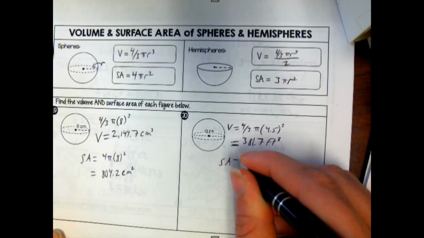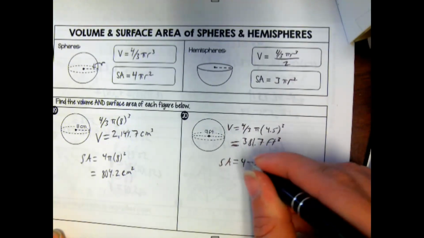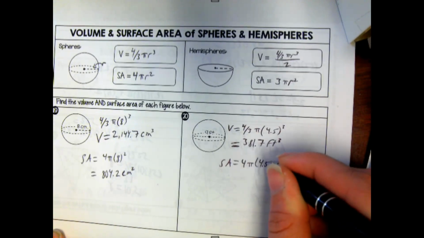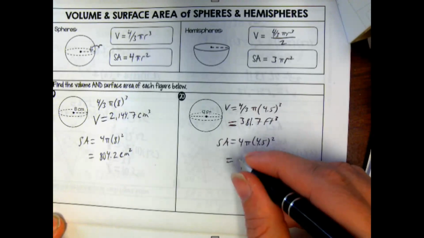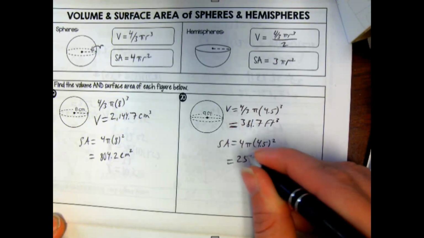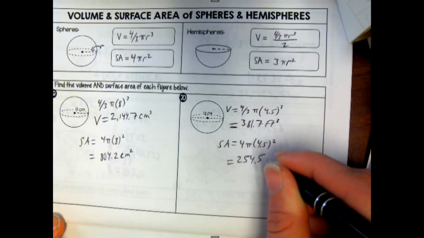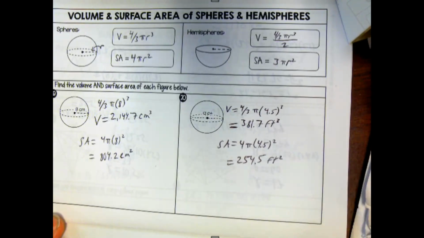Surface area is 4 times pi times 4.5 squared, which is 254.5 square feet. And those are surface area and volume of each of those spheres.